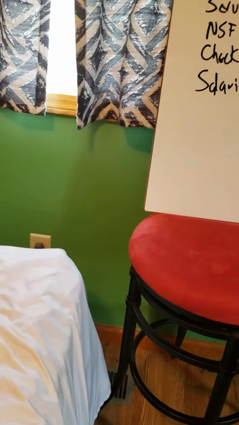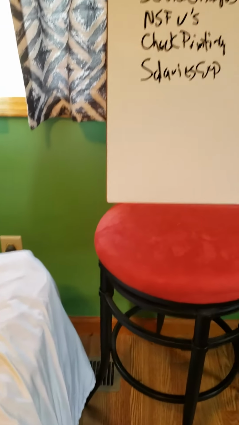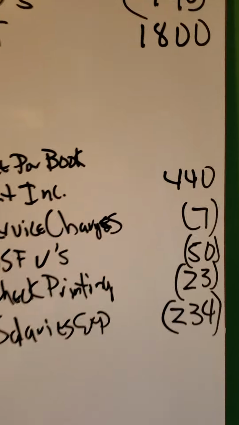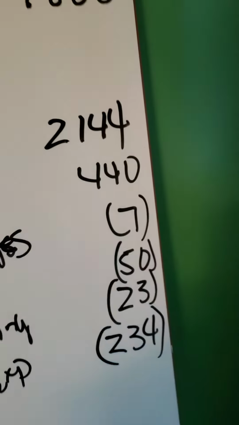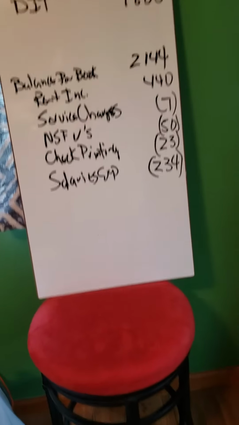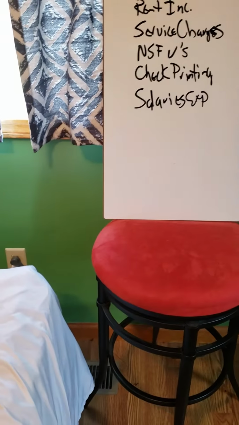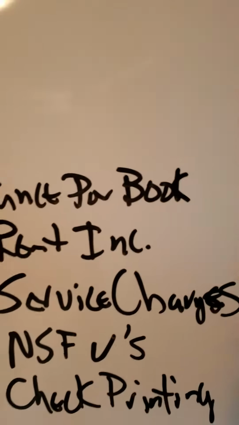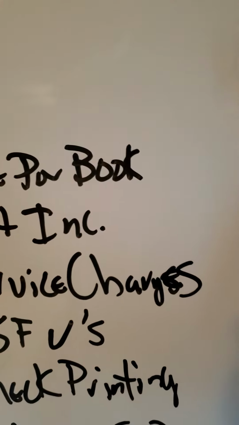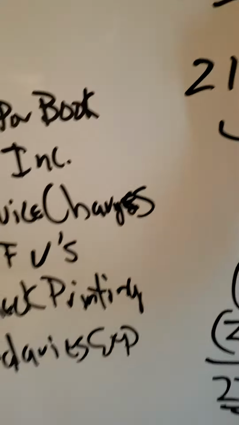The business cash account on October 31st shows a balance of $21.44. And when you total these up, this is $22.70, and therefore they balance.